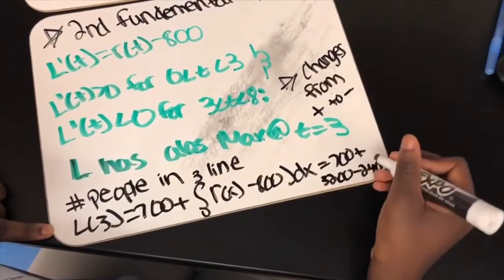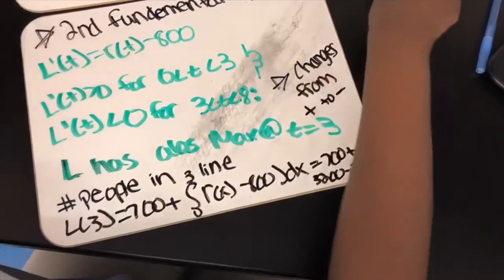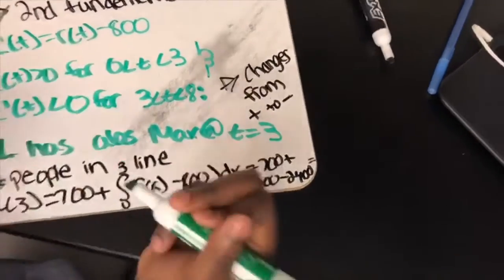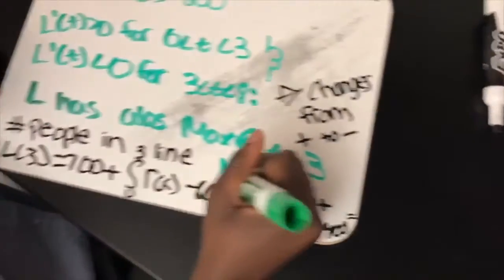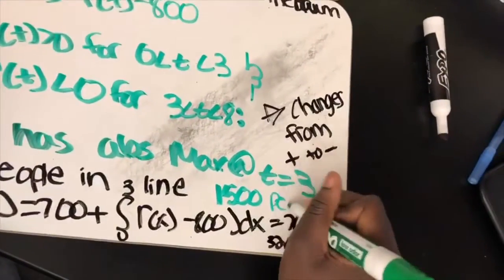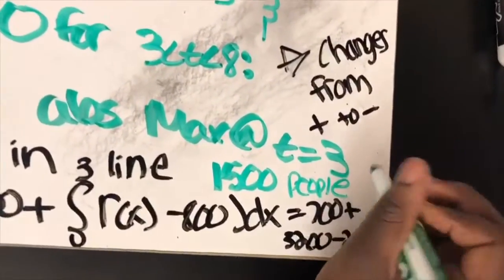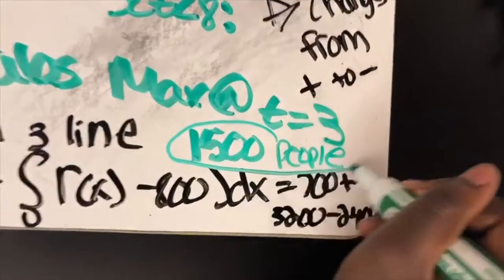I got all these numbers from the graph, so make sure you look at your graph. When you put these all in your calculator, you get your final answer of 1,500 people. So 1,500 people are in that line. Okay?